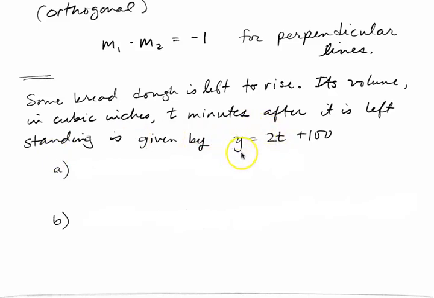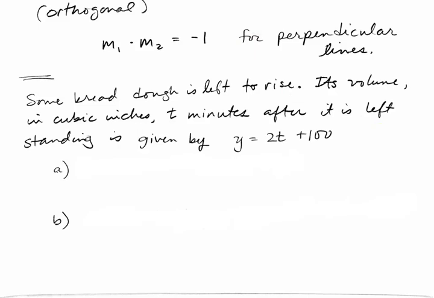The equation for its volume is 2 times t plus 100. This is a volume, so it has units of cubic inches in the end. So when you multiply that together, you have to end up with cubic inches.